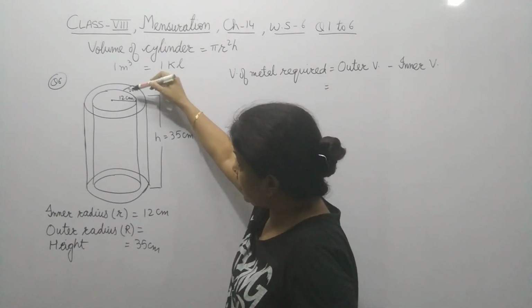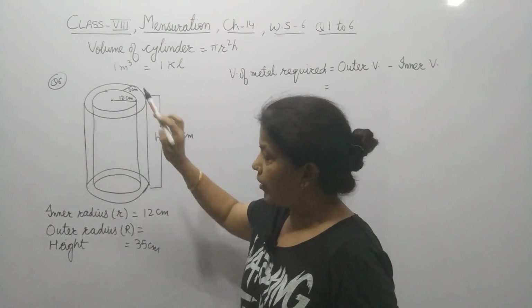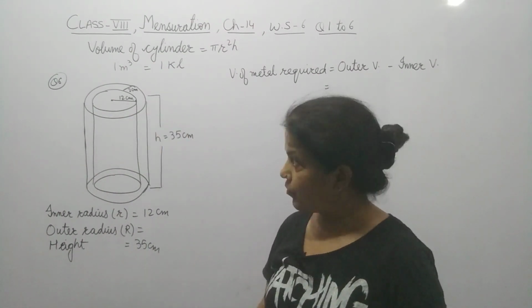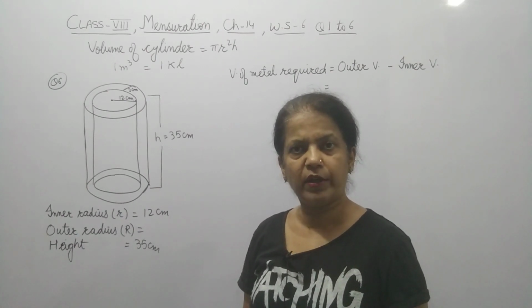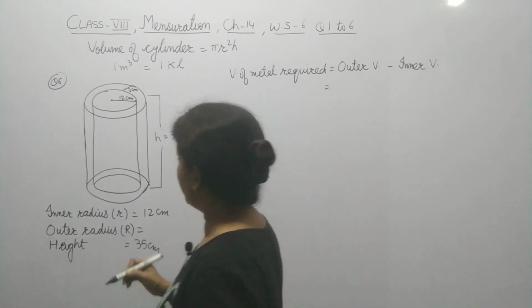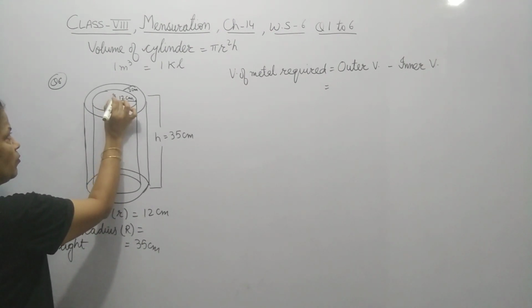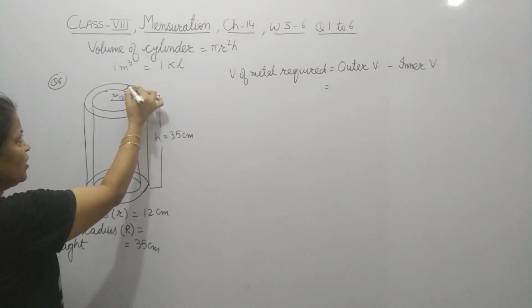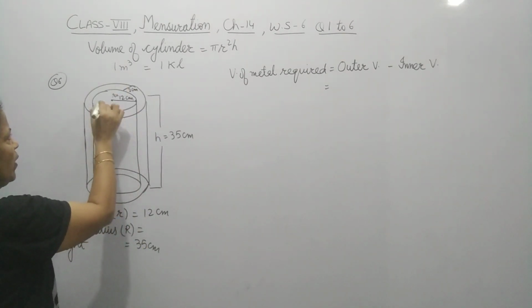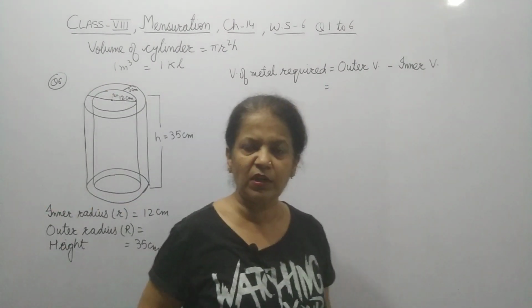Since its thickness is given and they are talking about the inner radius, can we find out the outer radius also? Yes, we can find it. So the inner radius, let it be small r, is 12 centimeter. Then the thickness is given as 2 centimeter. So what should be the outer radius? Can anyone tell me?